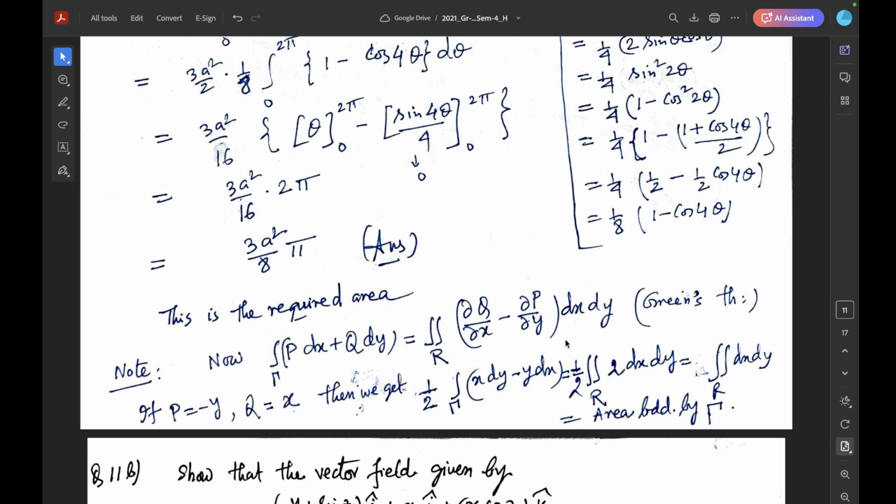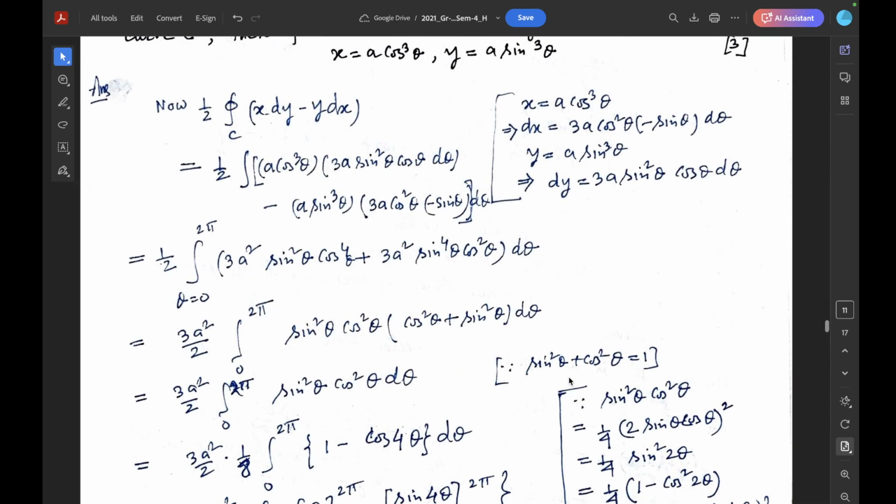If we put p equal to minus y, q equal to x, then half of the closed integration over gamma of x dy minus y dx equals half of double integration over R of 2 into dx dy. So double integration over R of dx dy, actually this is the area bounded by the closed curve gamma. So half into integration over gamma of x dy minus y dx, this is the area bounded by this.